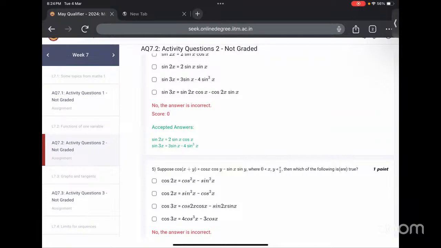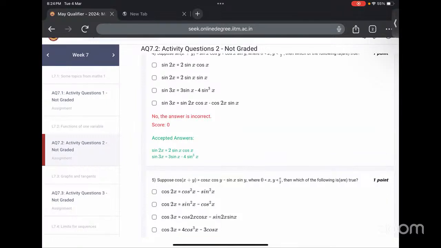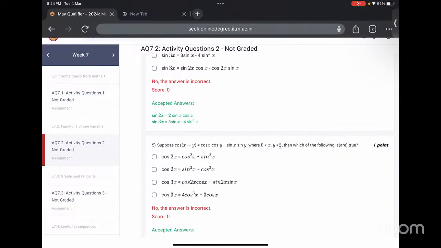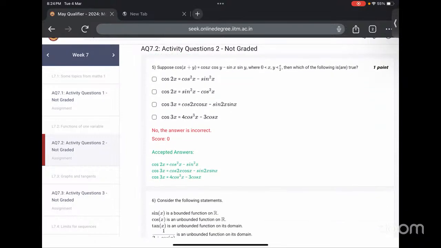These are standard formulas, even sin 3x equals 3 sin x minus 4 sin cube x. If you know that, then you can directly tick it. So we will not give you this type of thing. Okay. Fifth also we can similarly calculate via this type of thing.